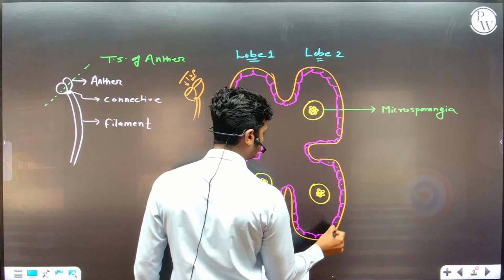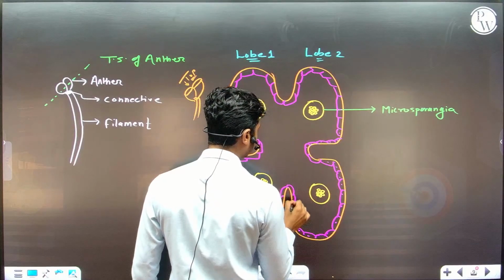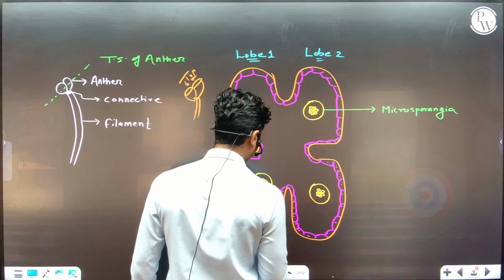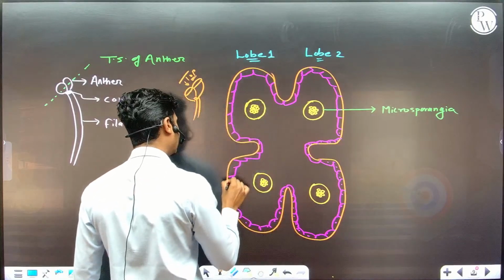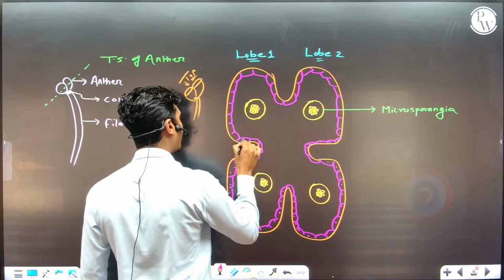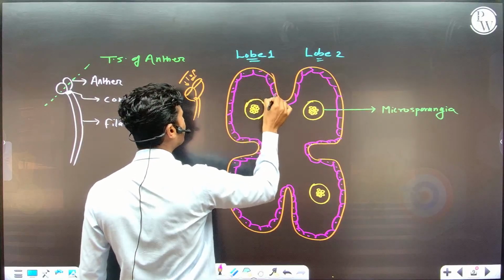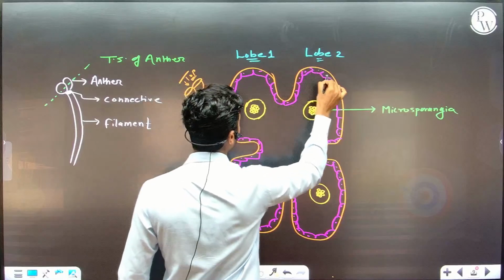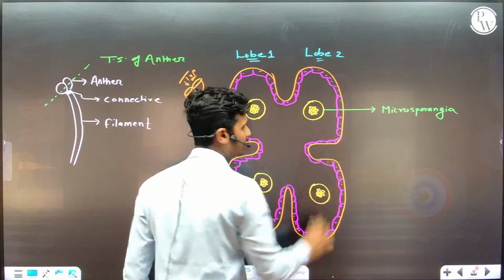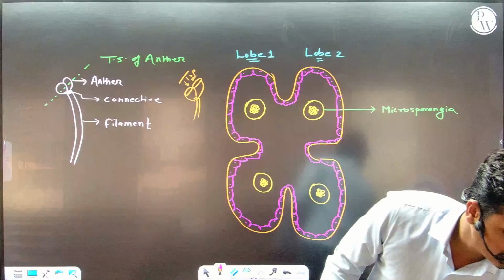If anyone from the chat session can answer the name of this layer, which is the outermost layer, used for protection, and also has some use for dehiscence of anther? Anyone from the chat section?